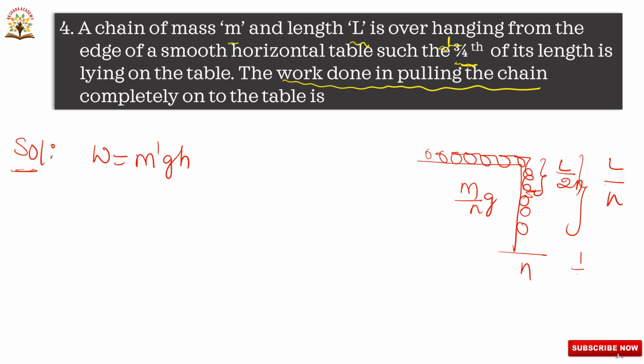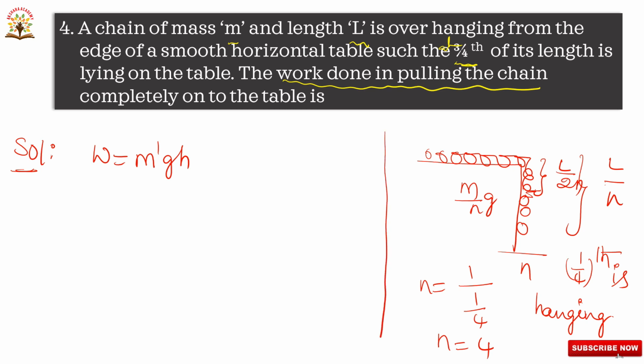So 1 by 4th is hanging. So 1 by n equals 1 by 4, that is, n equals 4.